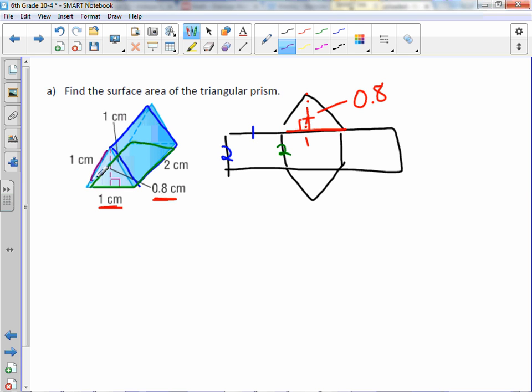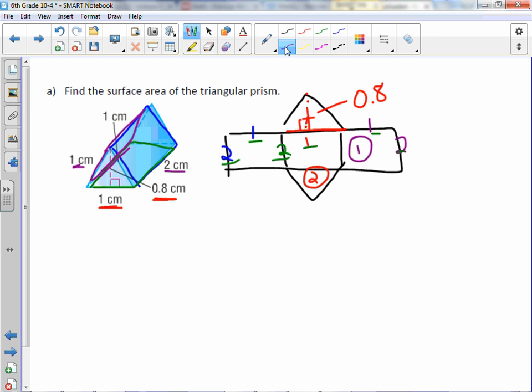And this rectangle in the back is also 1 and 2. So if you look here, I have three rectangles with base and height of 1 and 2. So let's call that shape 1. And I have two triangles which will always be congruent. So let's call these shape 2.